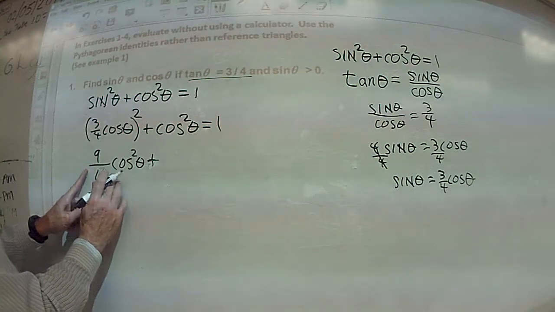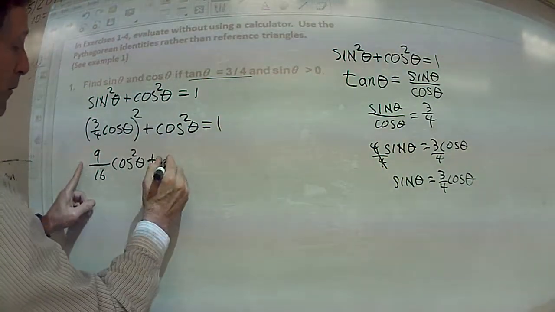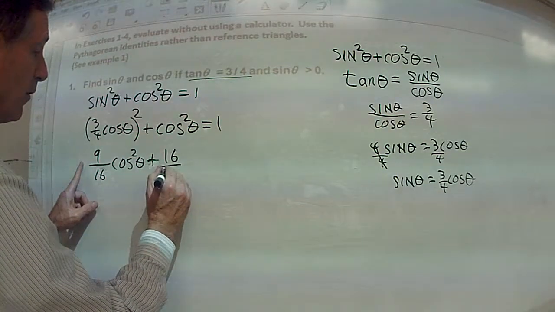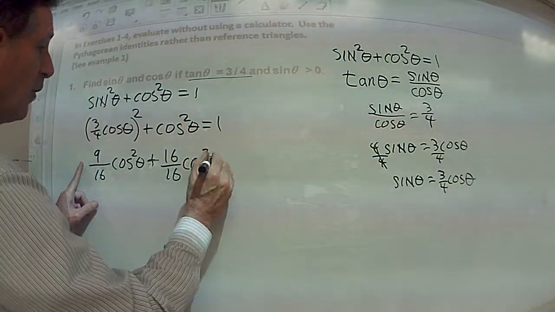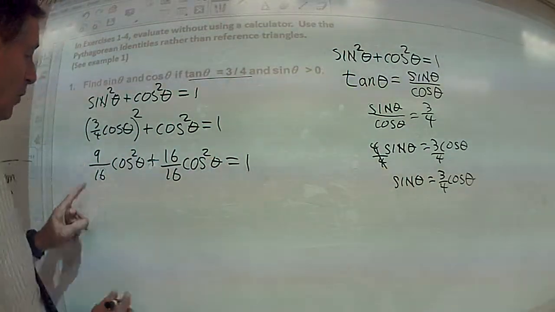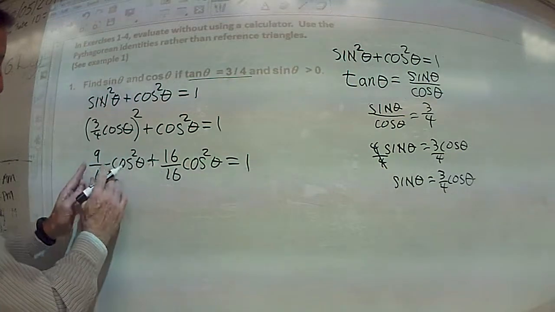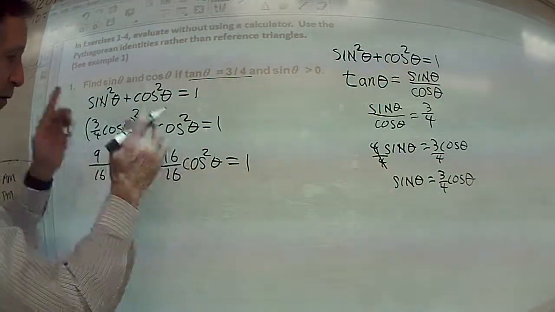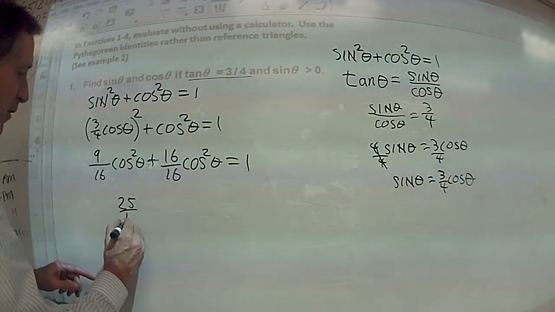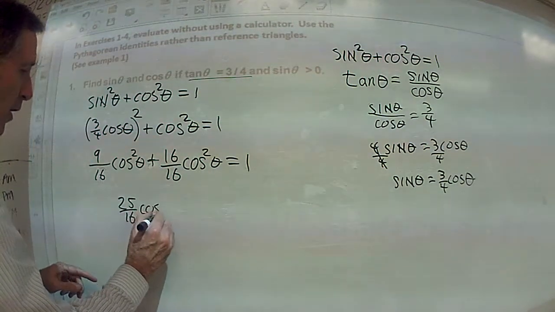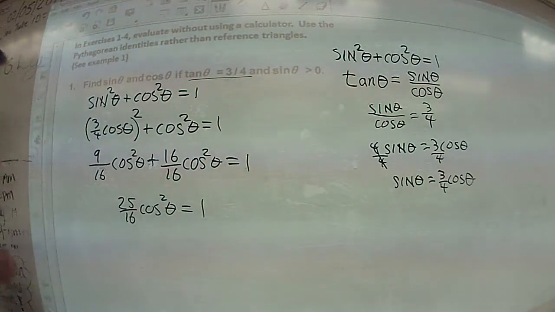How many 16ths are there in 1 cosine squared theta? Well, there are 16 16ths. So we rewrite this as 16/16 cosine squared theta equals 1. And now we can combine like terms, and 9/16 plus 16/16 is 25/16 cosine squared theta equals 1.